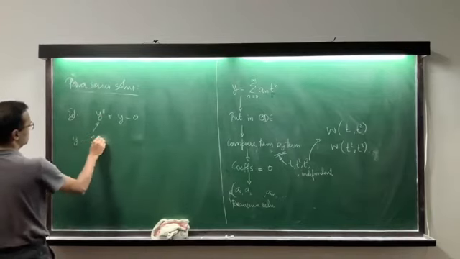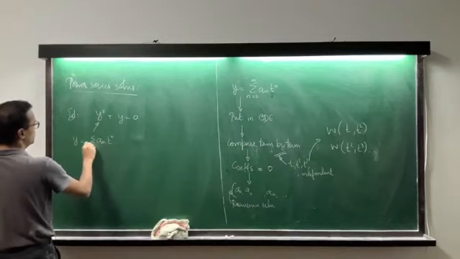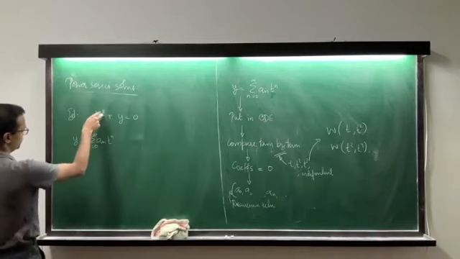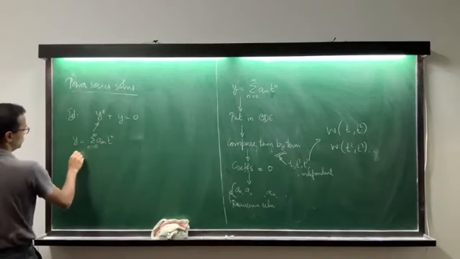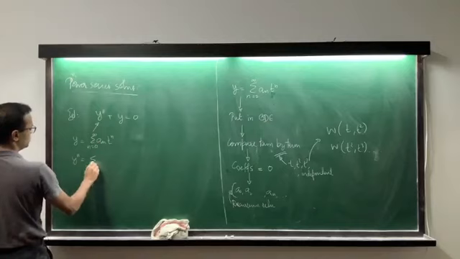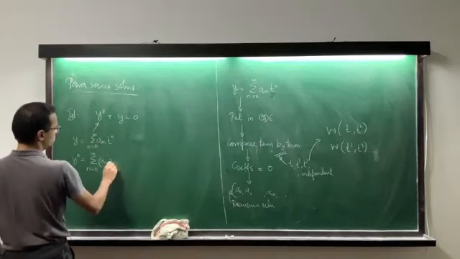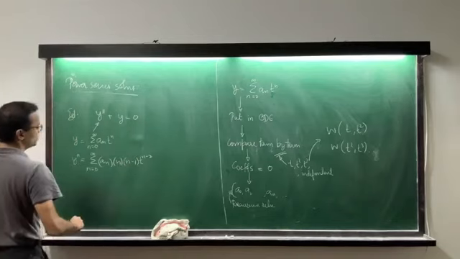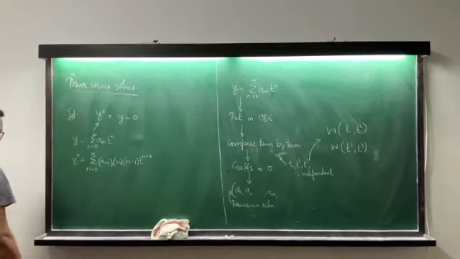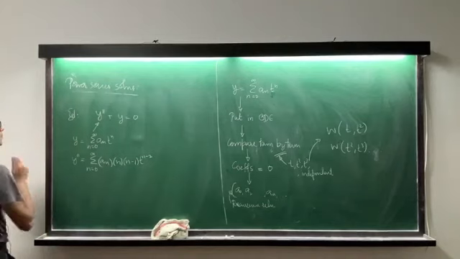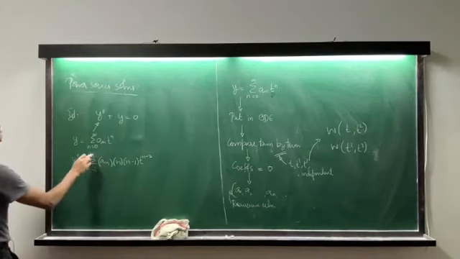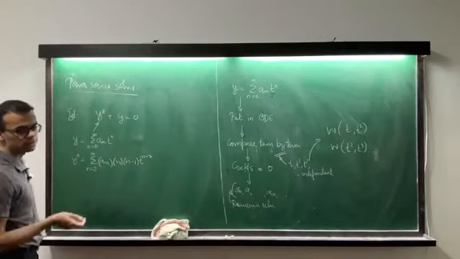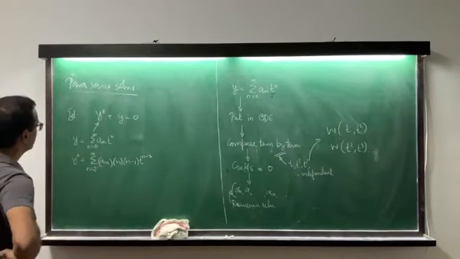If I put y equal to sigma a_n t^n, n equals 0 to infinity, and put this back in here, then the first term, we take a derivative: a_n times n into n minus 1 t^(n-2), and the second term is just this. The first sum goes not from 0 but from 2, because the derivative of a1 t is not there, the derivative of a0 t^0 is not there, the second derivative is not there. So it starts from n equals 2.